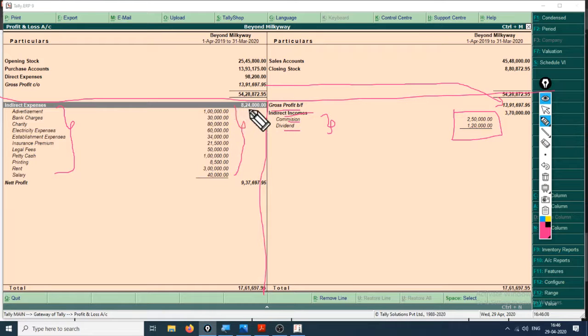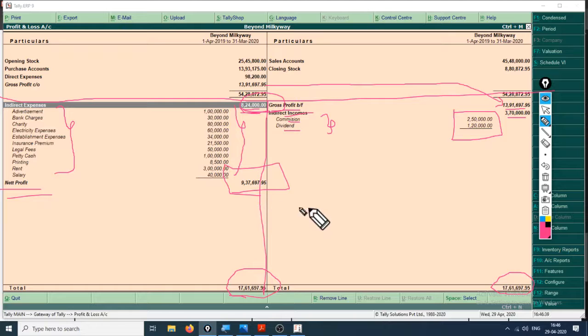Yeah, this is 8,24,000 and this is 13 lakh plus 3 lakh, which comes to 1390 plus 370, 1760. Okay, yeah, right here. Oops, 1760. 1761697, hence 1761697 minus 824 equals net profit.